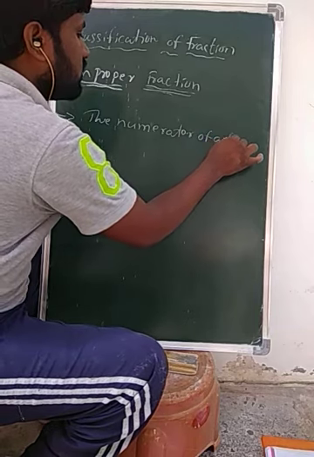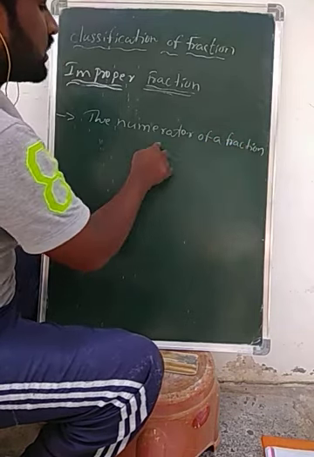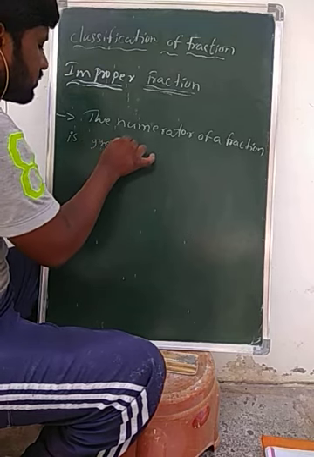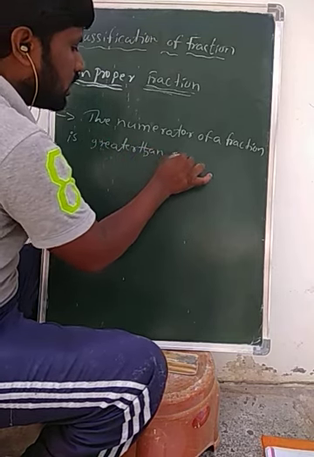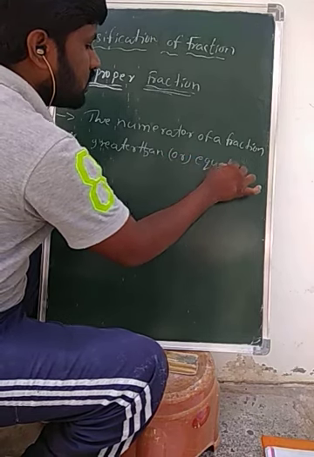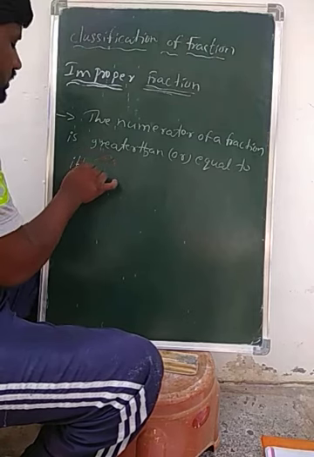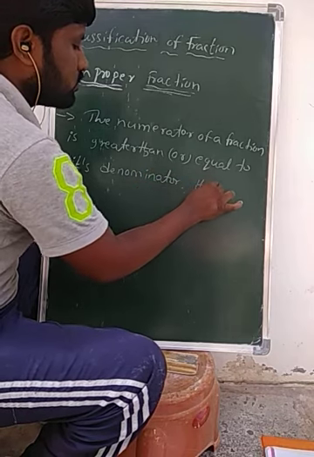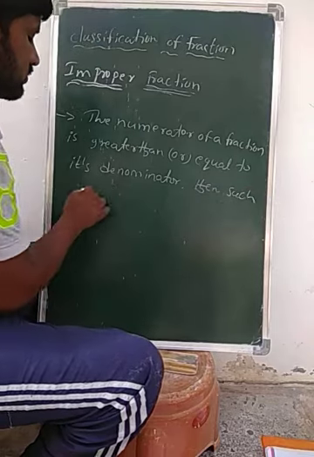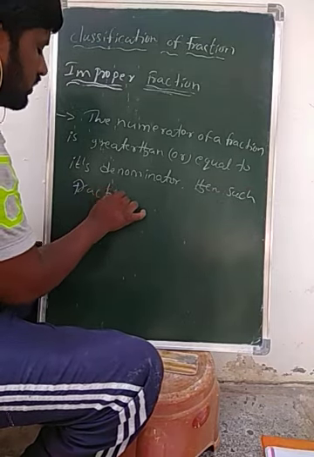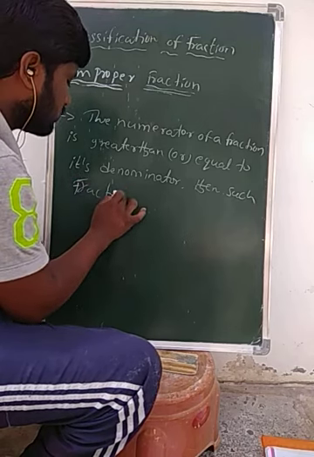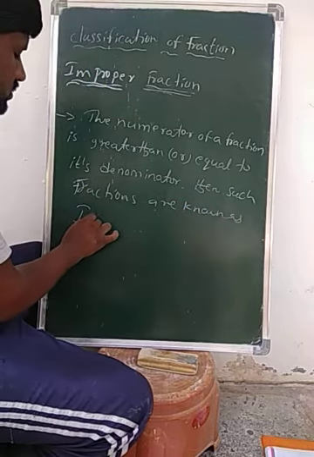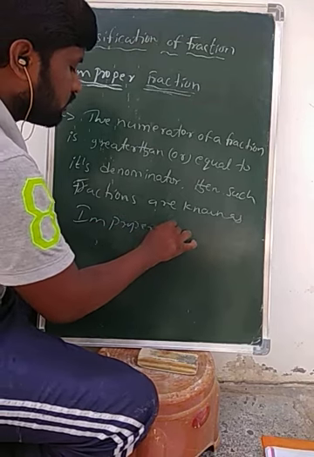The numerator of a fraction is greater than or equal to its denominator, then such fractions are known as improper fractions.